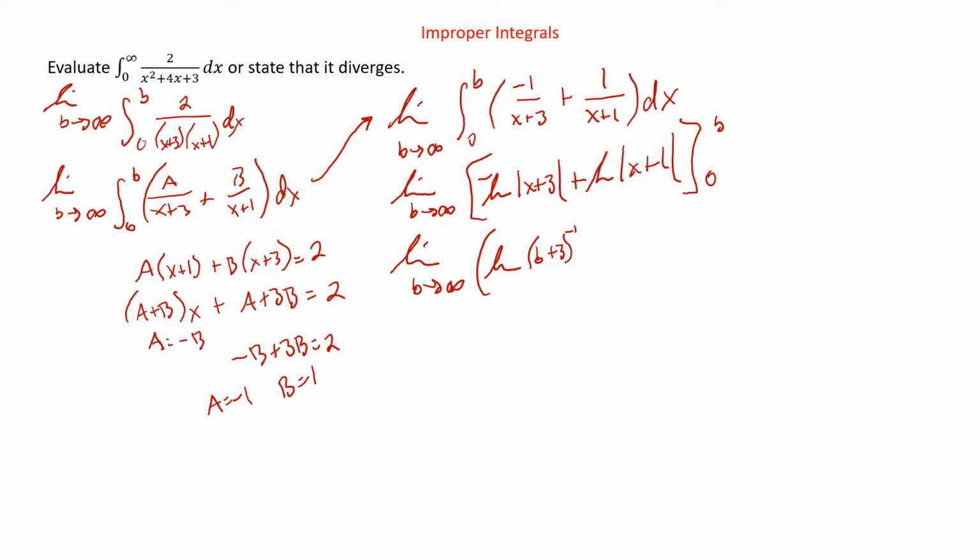Plus natural log of b plus 1, minus, plug in 0. We have negative natural log 3 plus natural log 1.